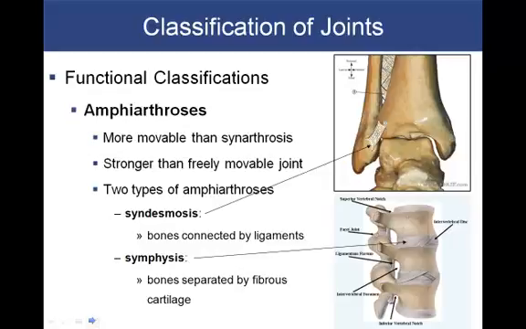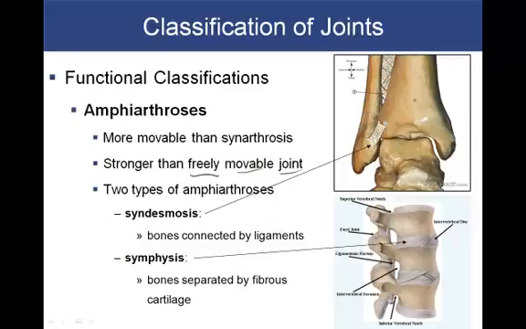The amphiarthroses, these are slightly movable joints. Again, they're going to be stronger than the freely movable joints, but slightly weaker than the immovable joints. And there are two types of amphiarthroses. We have the syndesmosis. This is where the bones are connected by ligament.